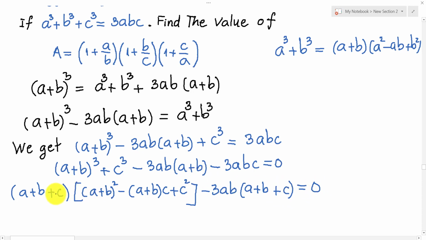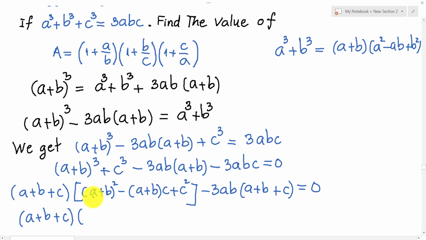Now this (a plus b plus c) and this (a plus b plus c), we take it out as a common factor. I get (a plus b plus c) multiplied by this.